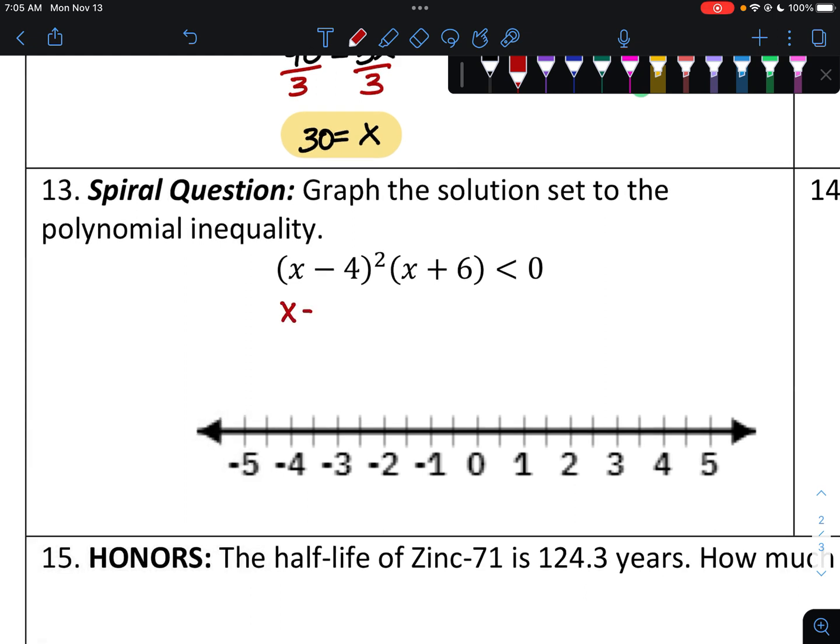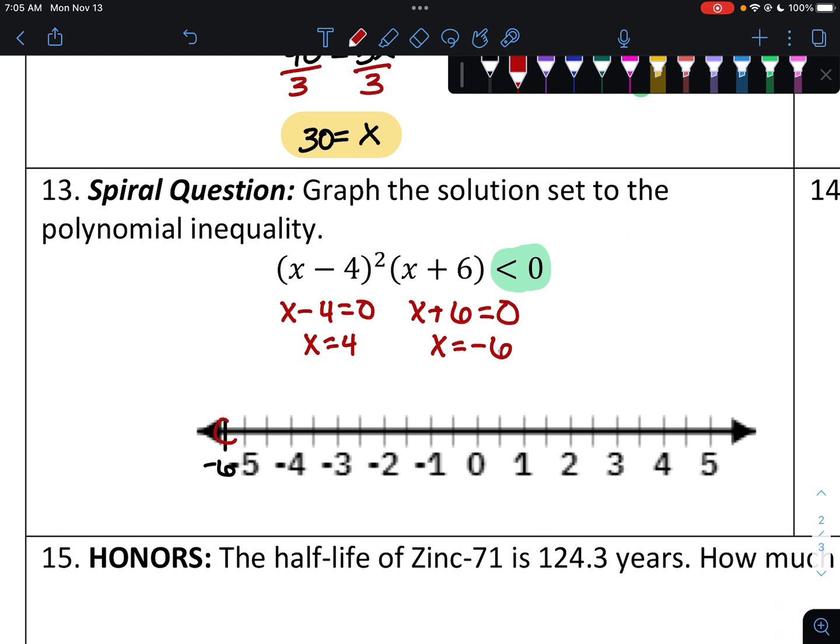So I set this equal to 0, and I set this equal to 0, and I solve for x, so I get x equals 4. I get x equals negative 6. Because there's no line underneath my inequality sign, there will be open circles. So negative 6 is not on here, so I'm going to add it. So negative 6 is going to be right here.